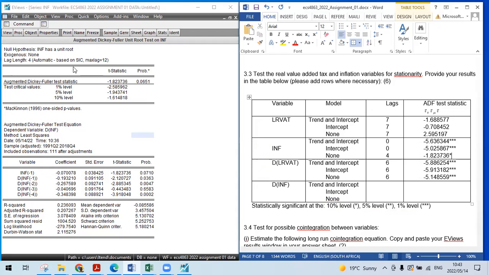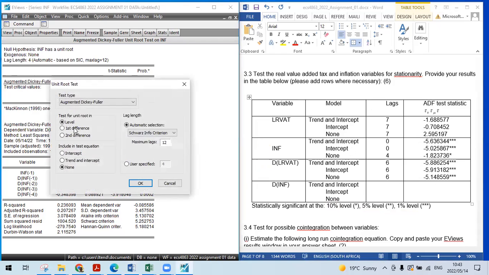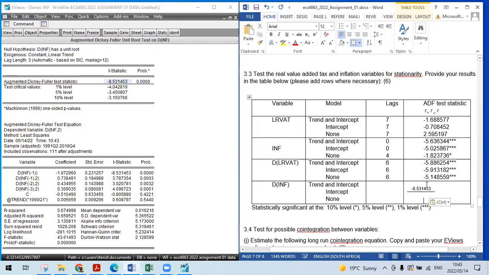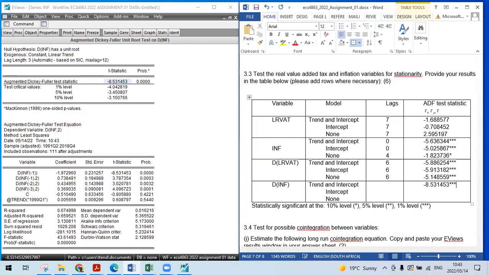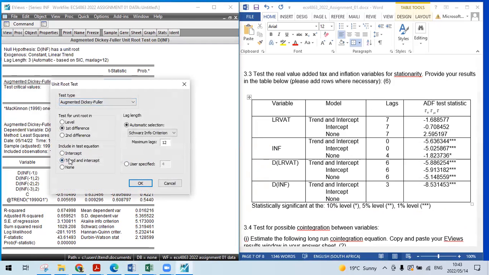Okay, I'm going to difference it once. Unit root test, first difference, trend and intercept. We click OK. How many stars? 3. We all agree it's 3 stars, right? And the lag length is 3. Moving to unit root test, include intercept.